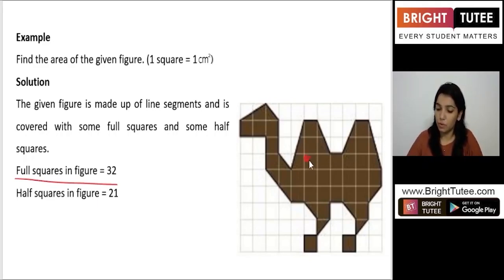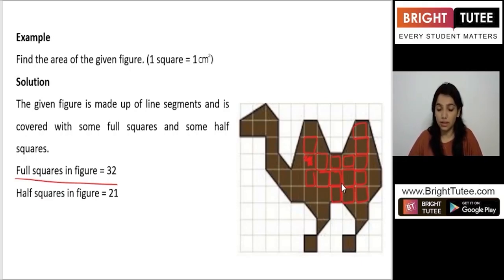Look here: 1, 2, 3, 4, 5, 6, 7, 8, 9, 10, 11, 12, 13, 14, 15, 16. Go on and on and count how many full squares are in this shape.